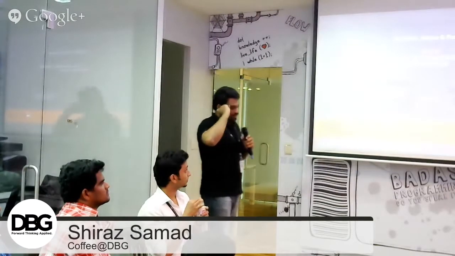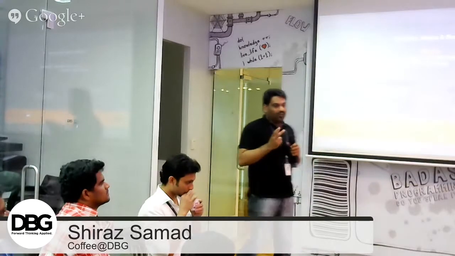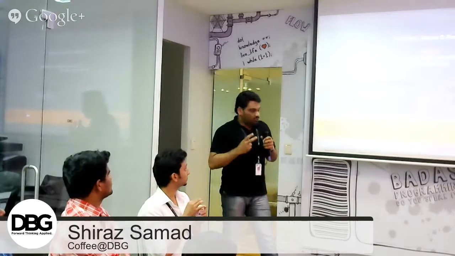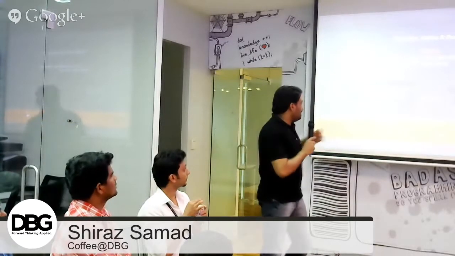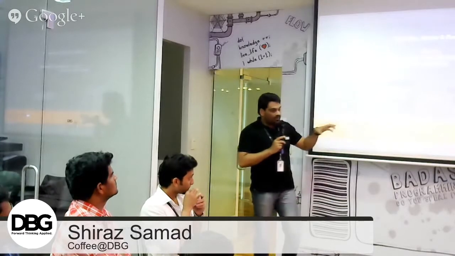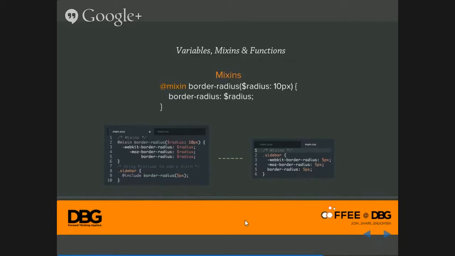Next, mixin. A mixin is a type of function which is used to group CSS declarations, and with the help of mixins we can provide parameters like this.